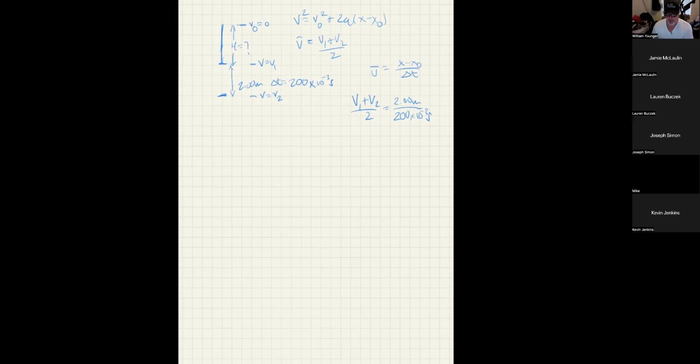Basically it went a distance equal to the height of the window in a time of 2 times 10 to the negative third seconds. If I put that 10 to the negative third up at the top, it becomes 10 to the positive third, and I get 2000 divided by 200. That gives me 10 meters per second. So that's what the average velocity is. So I now know that v1 plus v2 is equal to 20 meters per second.